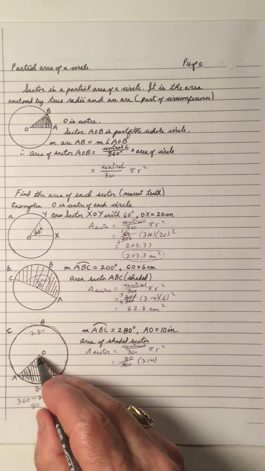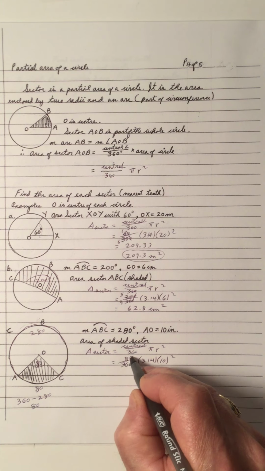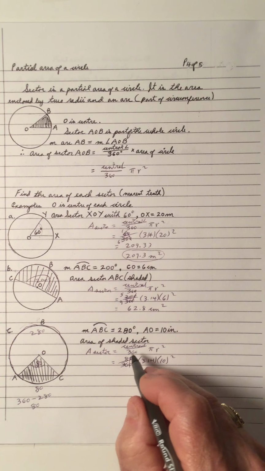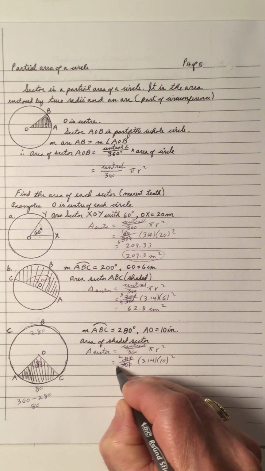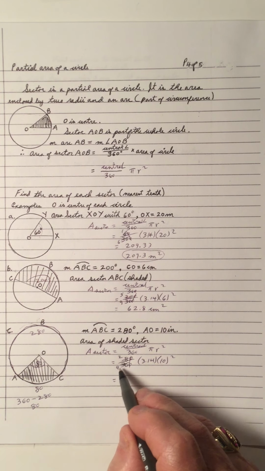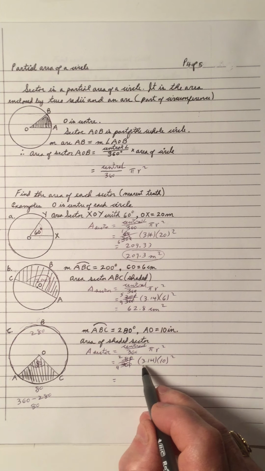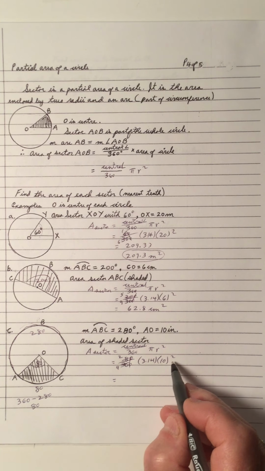And my radius OA is 10, so it's 10 squared. You can cancel the zeros, same as dividing by 10. 4 into 8 goes 2. 4 into 36 goes 9. So I have 2 divided by 9 times 3.14 times 10 squared, or 10 times 10.